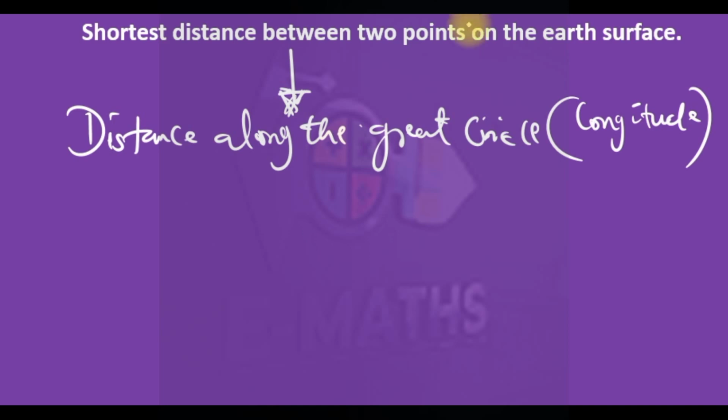Yes, this part is very important, because in most questions you might be given a common latitude, which is now the distance along the latitude, and you might be asked to find the shortest distance between the 2 points.